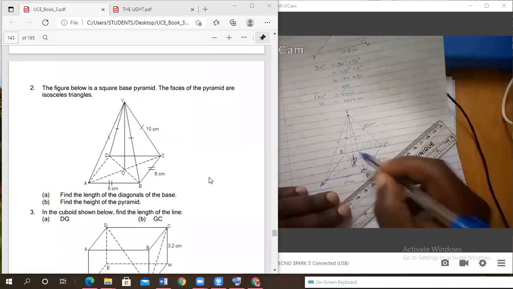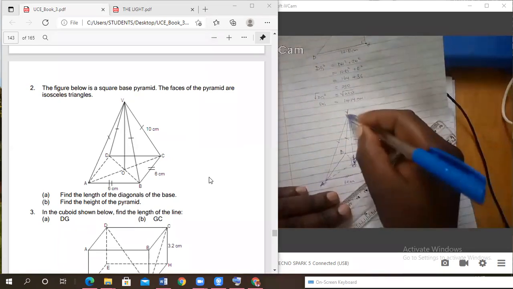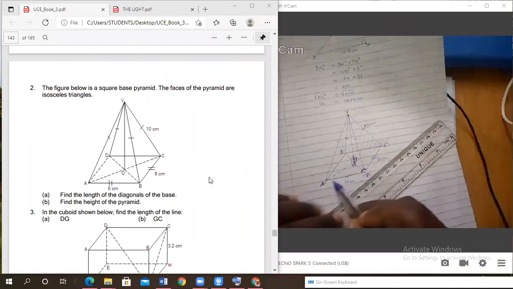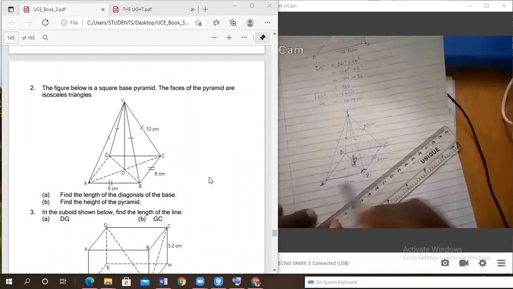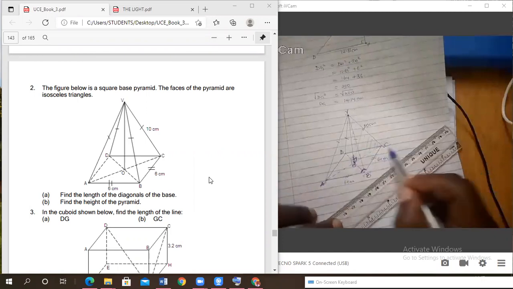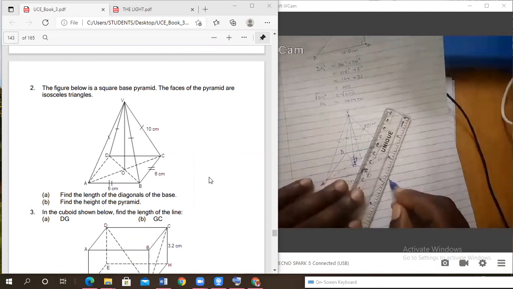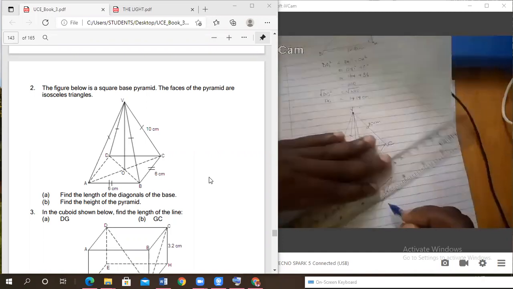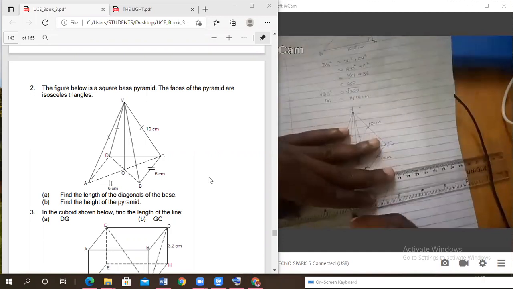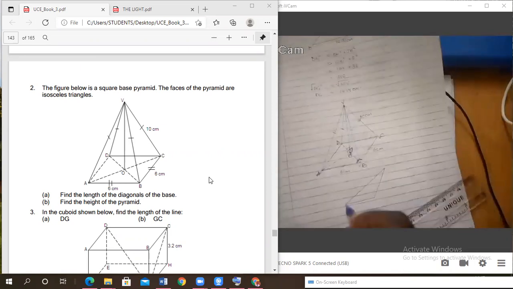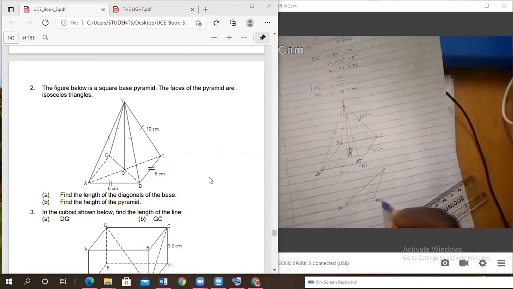When we are finding the height, we shall use VOC. But when we are finding the diagonal, let us use A, B, and C. So I will draw it the way it appears.